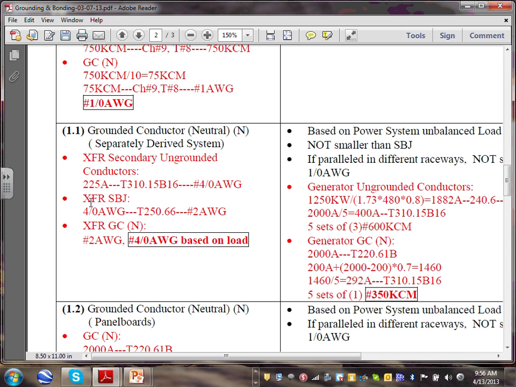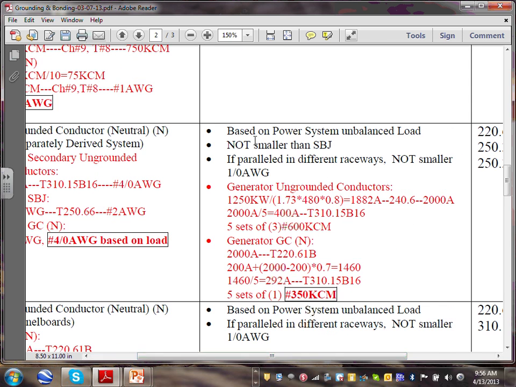So this is your 4-aught. For the neutral conductor, guys, here's what it says: based on the power system unbalanced load, the neutral is not smaller than the supply side bonding jumper. So remember that, say not smaller than the main bonding jumper, not smaller than the supply side bonding jumper. Same thing.